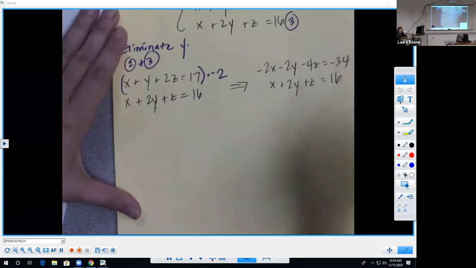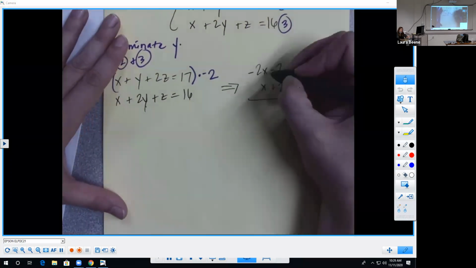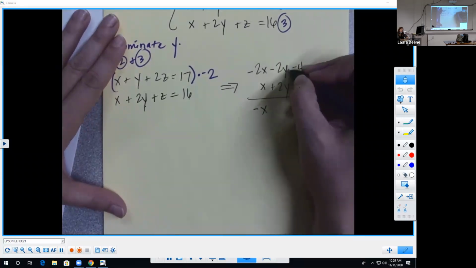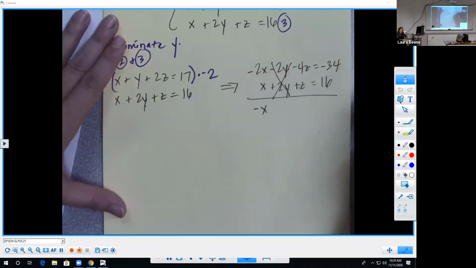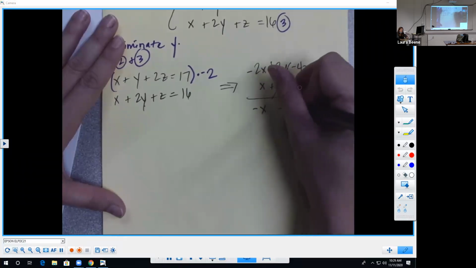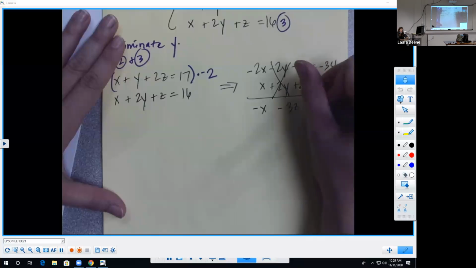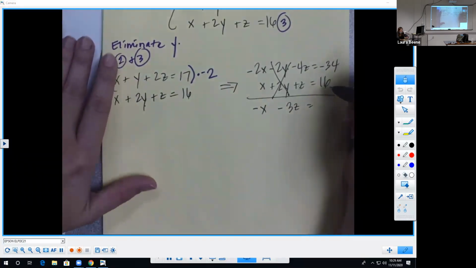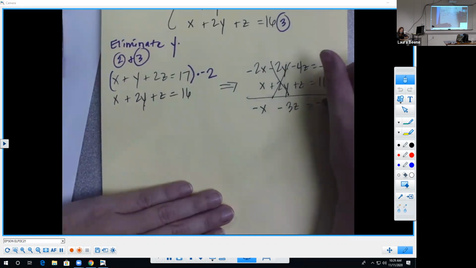And then when I add them together, -2x and x is negative 1x, negative 2y and positive 2y undo each other. Negative 4z and 1z is negative 3z. And negative 34 and 16 is negative 18.